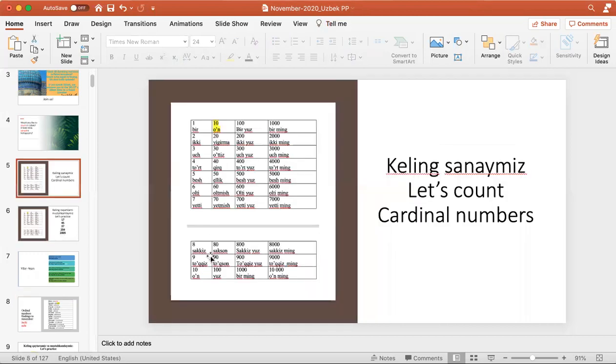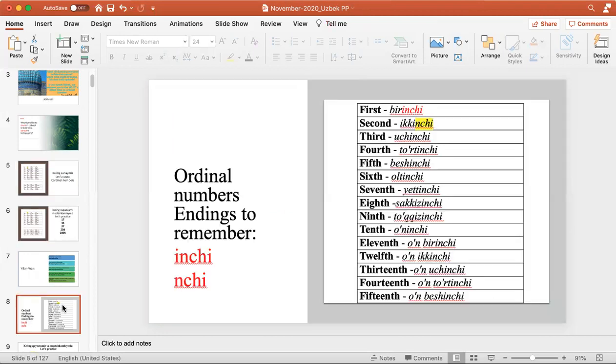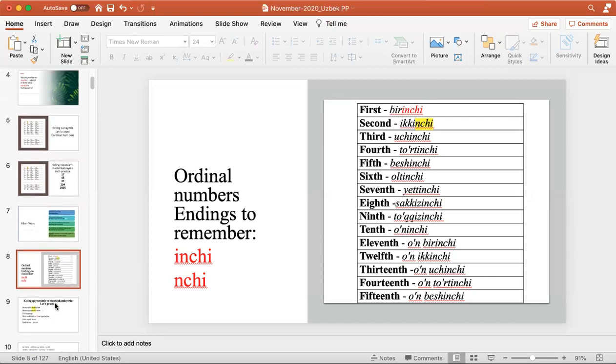Remember? 16, for example, right? 16 or 20, 30, 40, 50 if you wanted to say in order. But please remember those. Birinchi, ikkinchi, uchinchi, to'rtinchi, beshinchi, oltinchi, yettinchi, sakkizinchi, to'qqizinchi, o'ninchi, 11, 12, 13, 14, 15. Exactly like that. If you know 16, 17, 18, you will be adding the same thing. 16, 17, 18, 19.